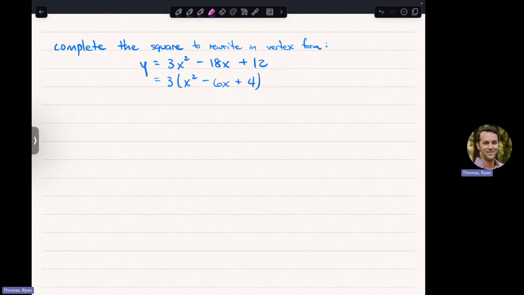Okay, and then completing the square really hinges on this middle term. So completing the square, we're trying to find a perfect square factorization of this quadratic.